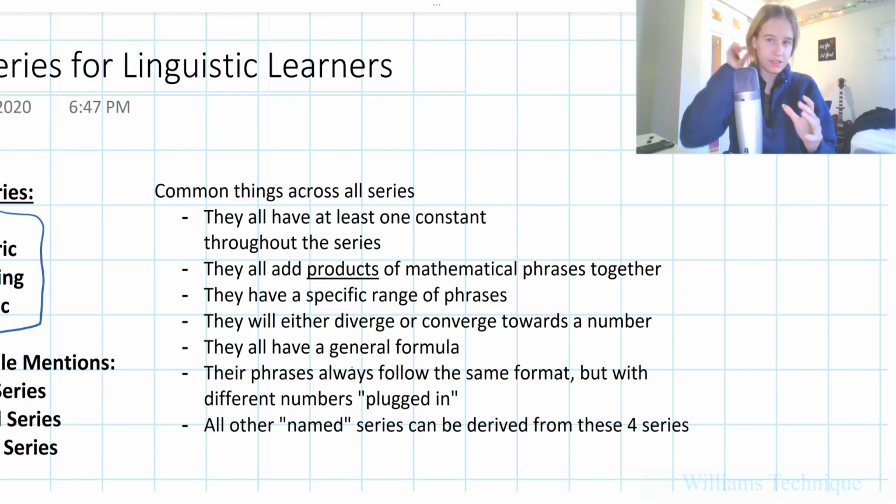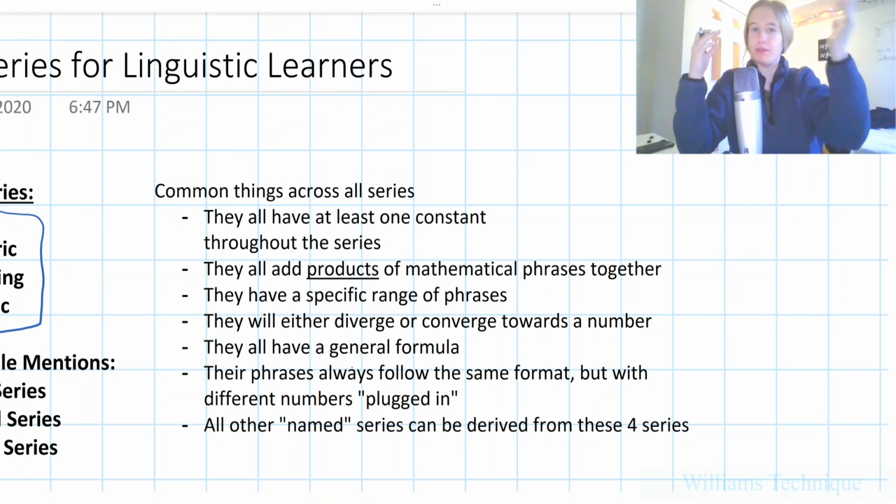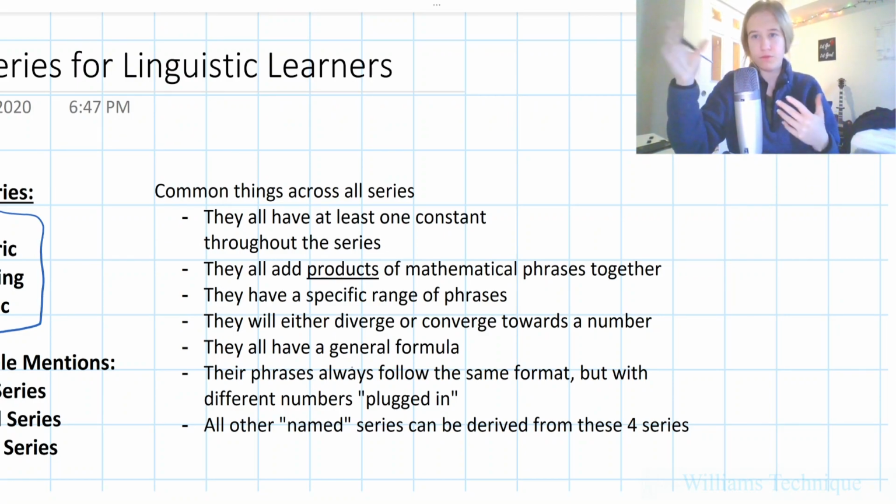So essentially there's the algorithm, you plug numbers in, and then you add them together. What's important to note is that these products have specific ranges from when to when you add. So essentially you have a phrase and you have a counter ranging from, let's say, 0 to infinity, or -3 to 4, anything really. And you plug in the counter throughout the phrases and you add them together.